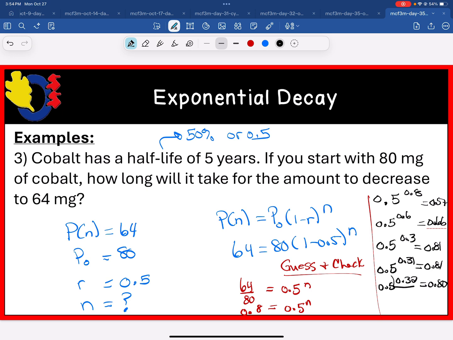So 0.32 then is our answer. So 0.32 half-lives to decrease to 64 milligrams. So we could times 0.32 by 5 to figure out how many years. All right, that's it for today.